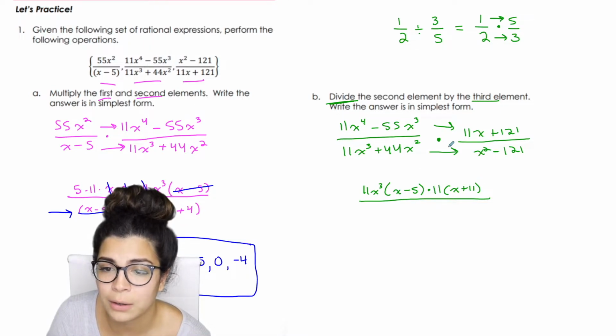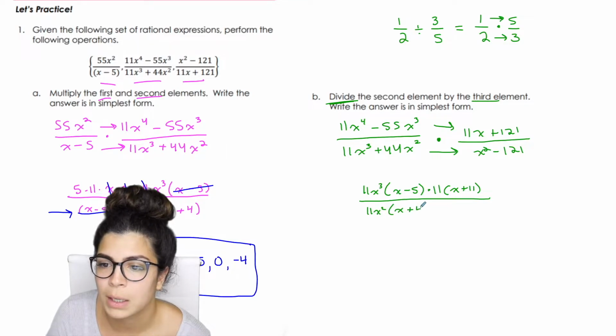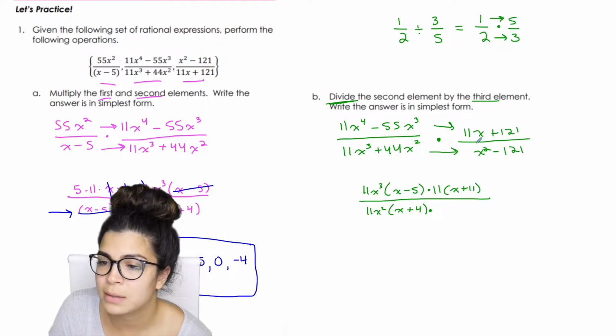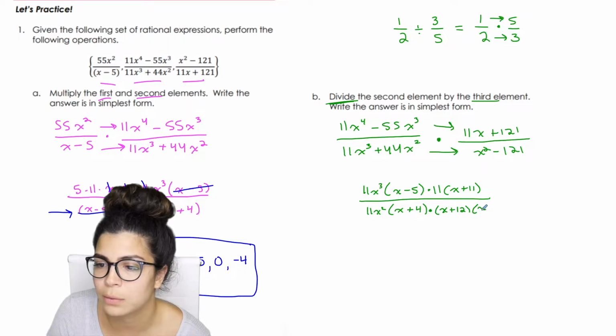On the denominator, I could factor out 11x squared, which gives me x plus 4. And these two are multiplying on the bottom. And this is the difference of squares. So this will be factoring into x plus 12 times x minus 12.